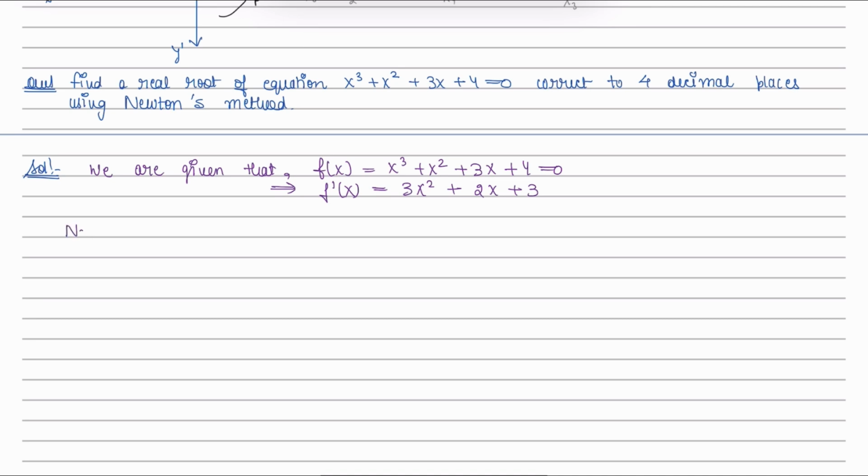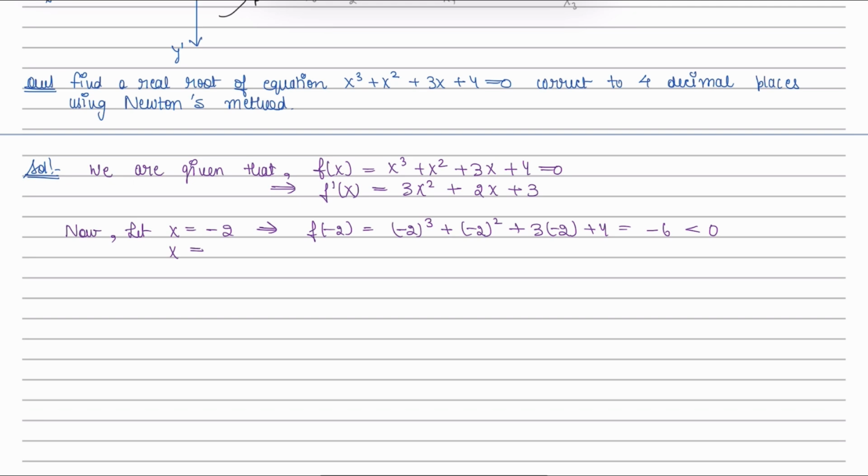Now let x is equal to minus 2, implies f of minus 2 be minus 2 to the power 3 plus minus 2 to the power 2 plus 3 into minus 2 plus 4, whose value is minus 6, which is less than 0.